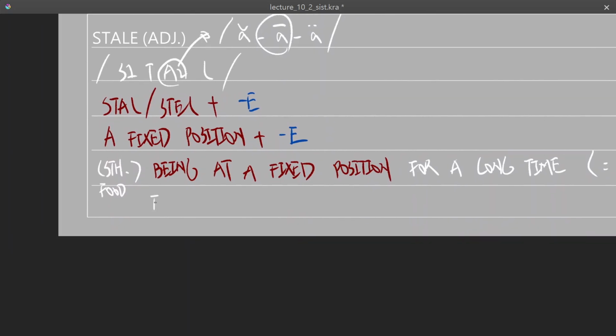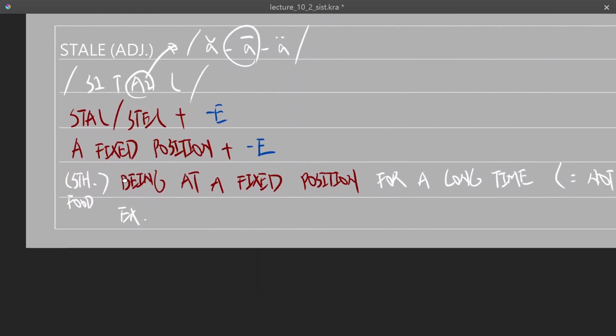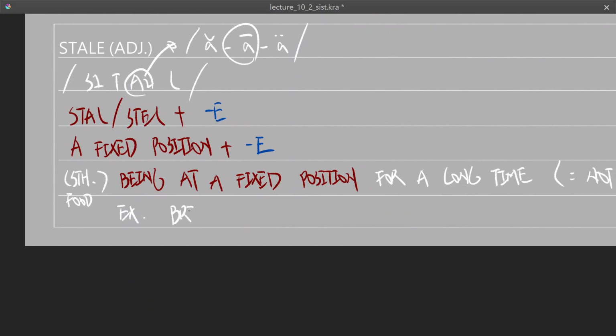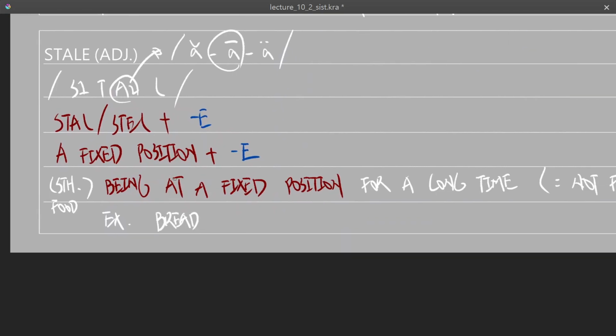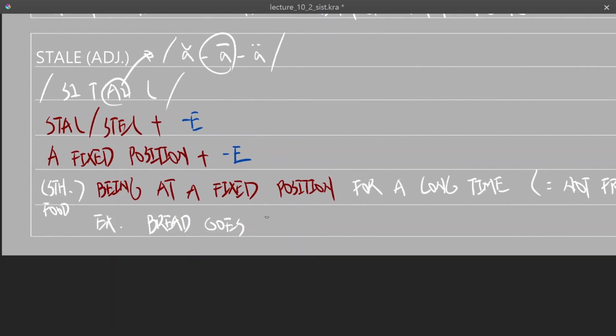So for example, we could say bread goes stale.